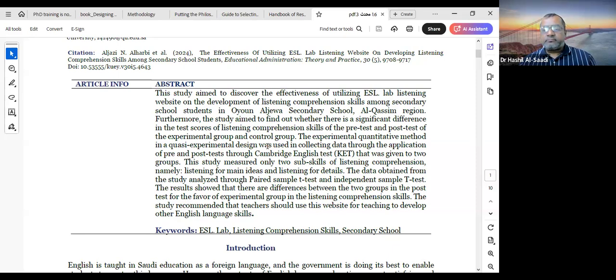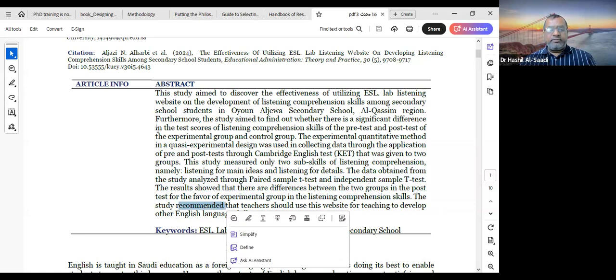And that was given to two groups. The study measured only two sub-skills of listening comprehension, namely listening for main idea and listening for details. And then, of course, they did the data and the results and so on. And then finally, the recommendation, as you can see here.